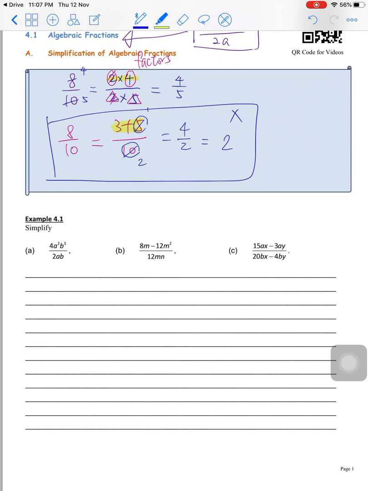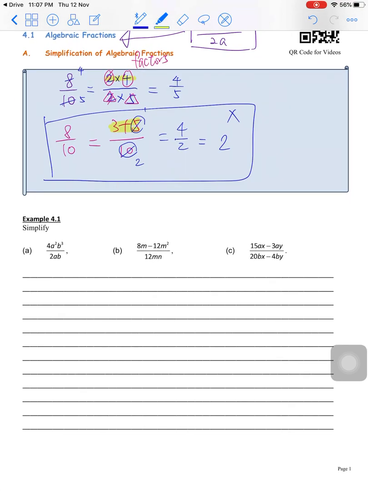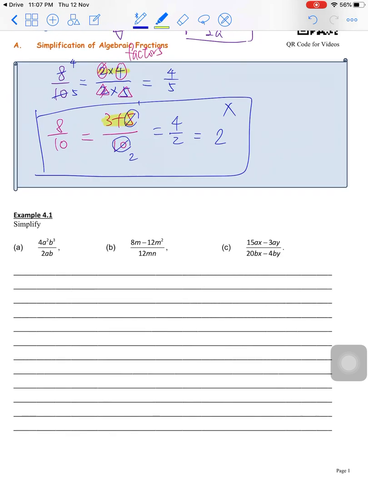So you use the same technique in simplifying an algebraic fraction. For example, look at the questions below, example 4.1. You have part A, part B, part C. Look at part A. You see that the numerator is 4 times a squared times b to the power 3.